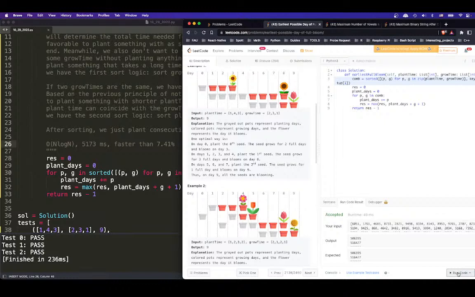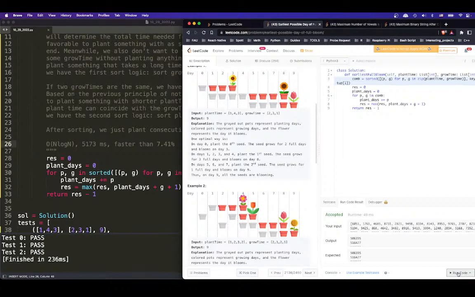Why don't we have to sort the plant time? Yeah, maybe we don't have to sort the plant time. We know grow time is very important. We want a large grow time in the beginning. So what we're saying is it doesn't really matter.